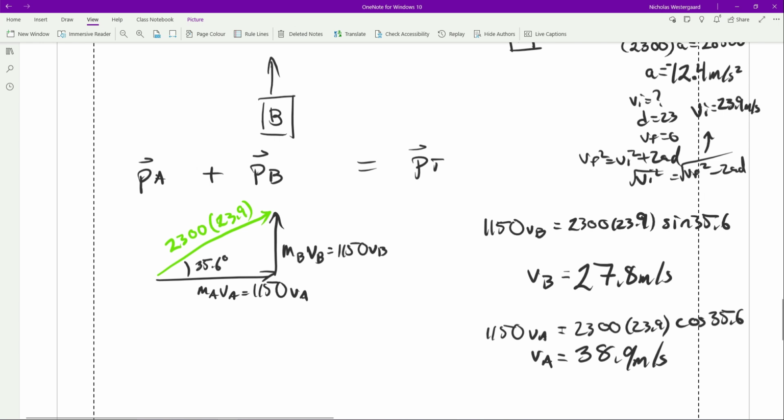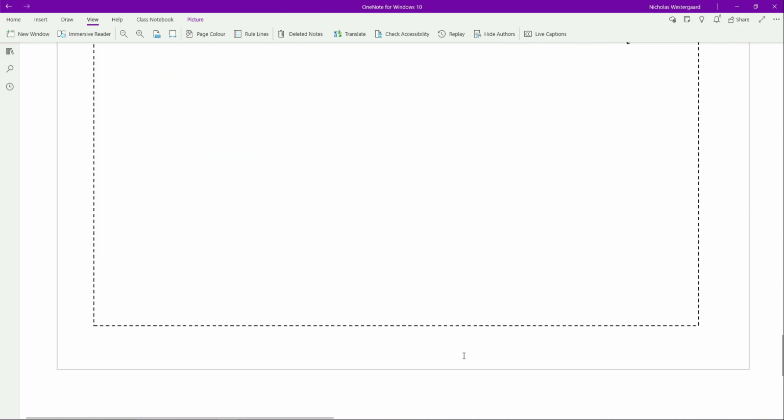And here, since A is the x component, it is the adjacent side, so I'm going to use my hypotenuse, 2300 times 23.9, and multiply by the cosine of 35.6. If I divide out the 1150, I found velocity A is 38.9 meters per second.